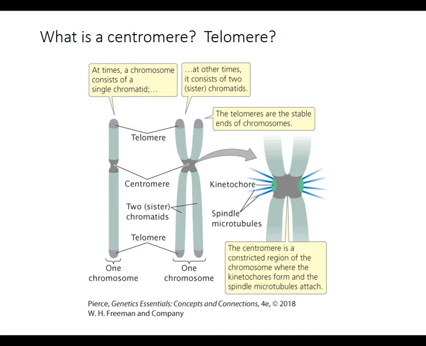But when the two chromatids are together, we call them chromatids because when they're together, the whole thing is a chromosome. So a dyad chromosome is made up of two sister chromatids. A monad chromosome is the form that you see on the left. So certain phases of cell division always have certain chromosome forms, and you will have to memorize which phase of the cell division has which form of the chromosomes.